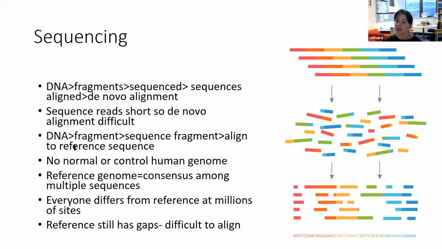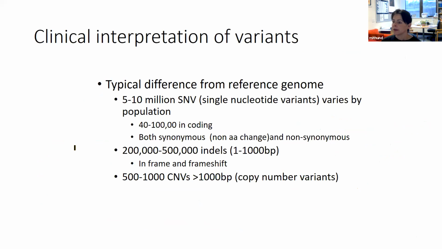Also our reference genome still has some gaps, so sometimes it can be hard to align particular sequences. Obviously there are biases with different ethnic populations and what the standard population is that you're mapping sequences back to, whether that's representative of all humans or a subset, or is more biased to certain humans than others.